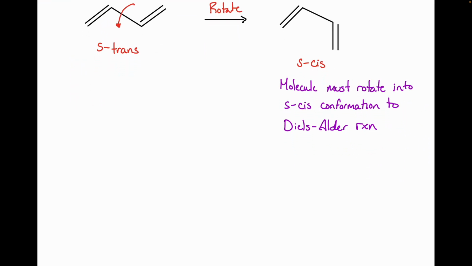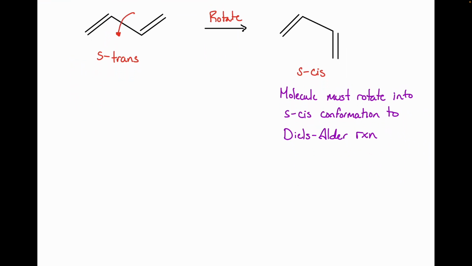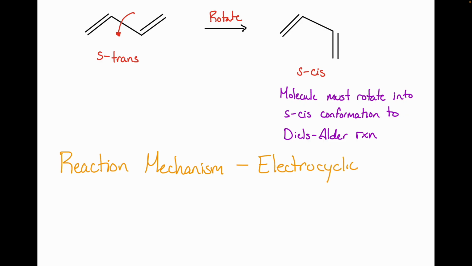All right, so then let's take this S-cis conformation and let's look at our reaction mechanism. This is what is called an electrocyclic reaction mechanism, because the electrons move in a circle.